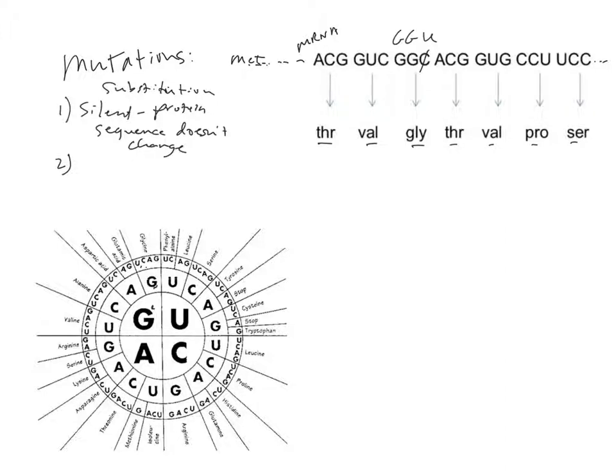Now, if we take a look at a different example of a substitution mutation, where perhaps this A that is the first nucleotide in the codon of threonine, if that A is changed to a G, this is now going to change that sequence, because ACG codes for threonine, but GCG codes for alanine.